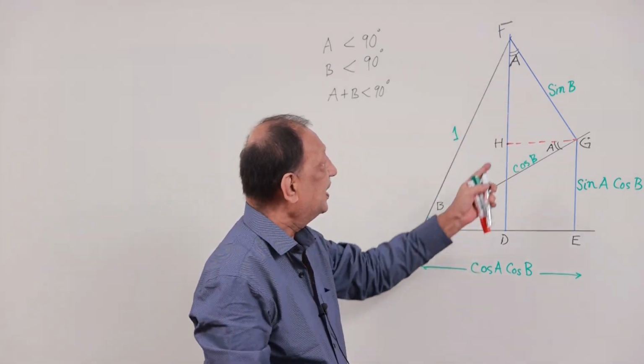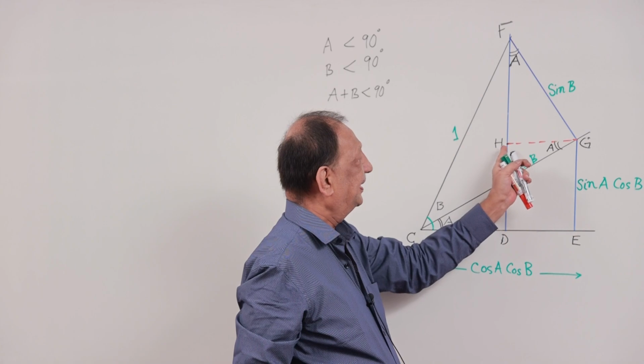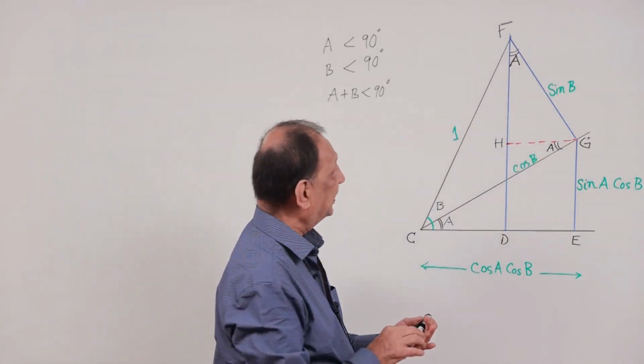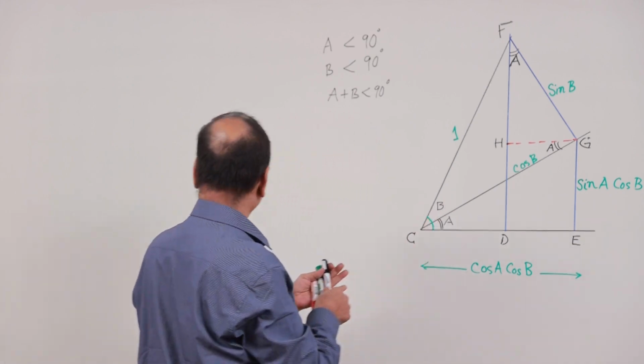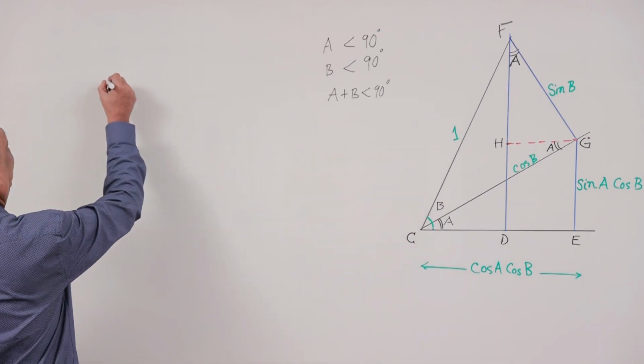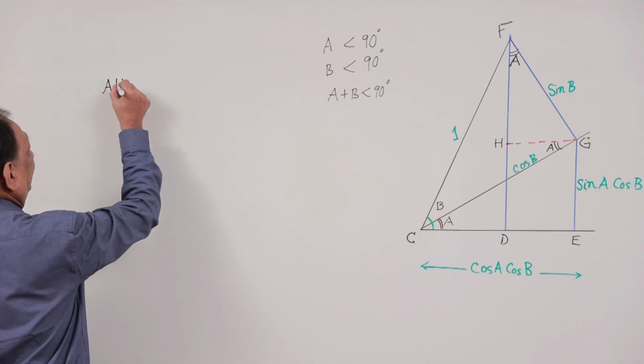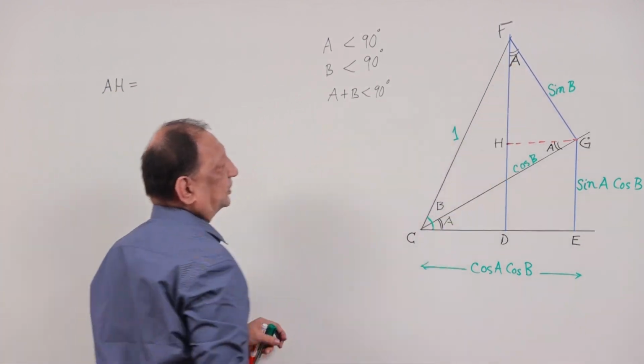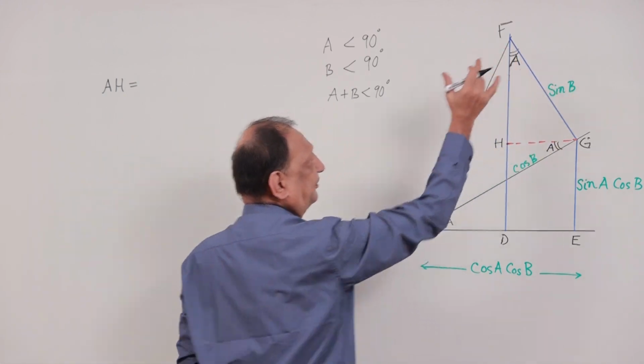Which means now I can write the values for AH and HG in terms of the hypotenuse because I know the angle. So, what is the value of AH? You can write it down. What is AH? AH is adjacent side. So, that means hypotenuse multiplied by cosine of the angle. No?